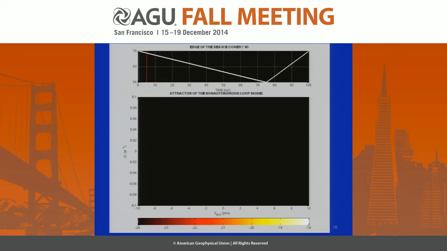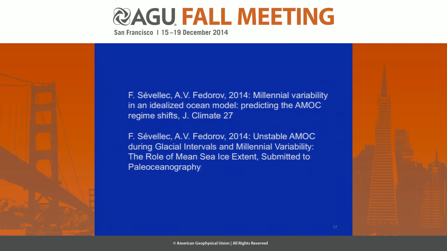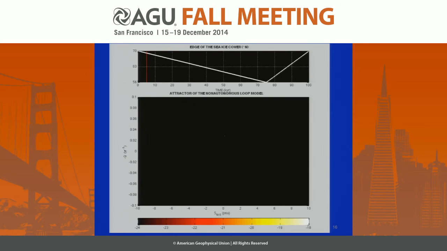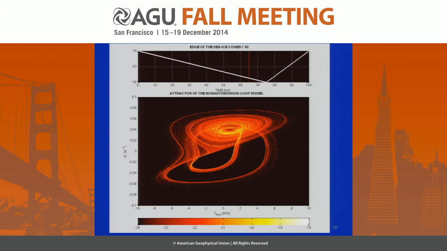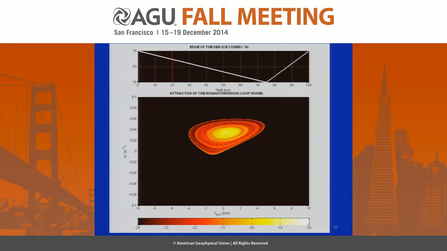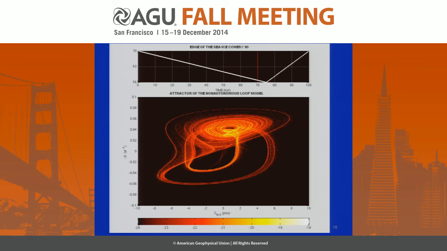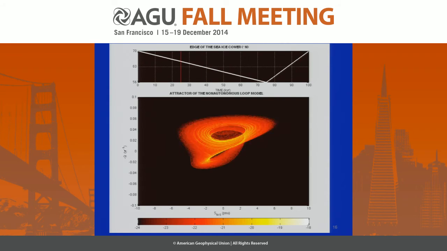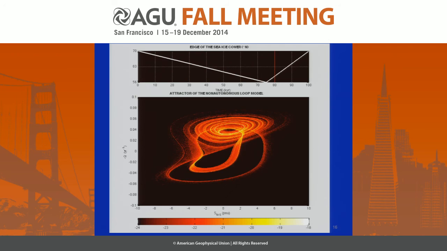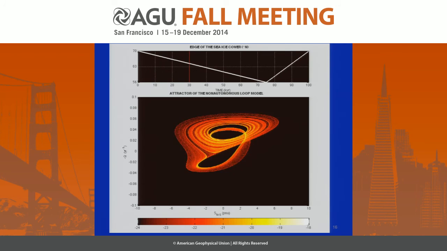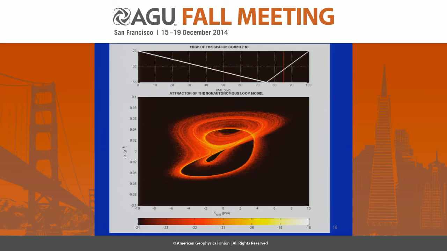So I have a movie of this attractor. This is a movie of how the system goes from steady state to chaotic attractors, and the top subplot is basically the expansion of the sea ice.